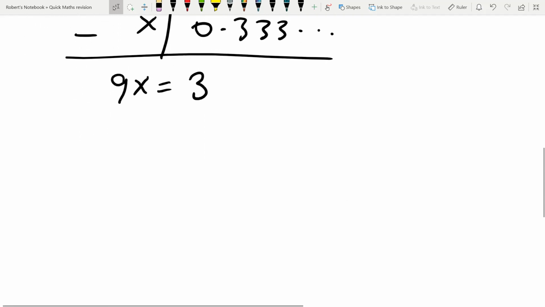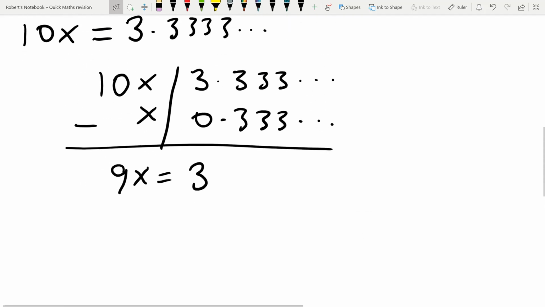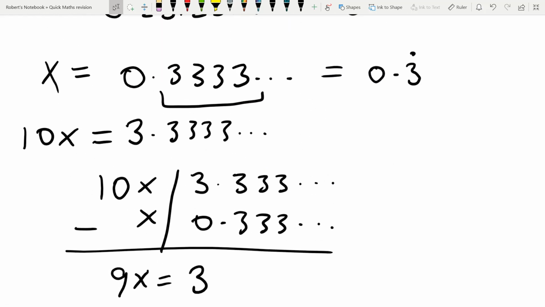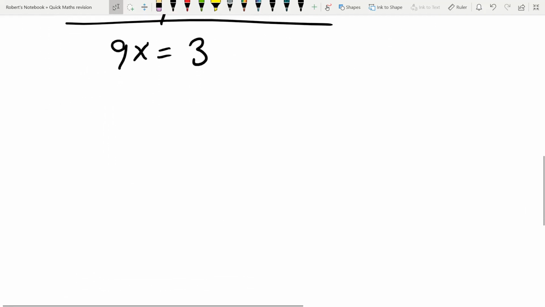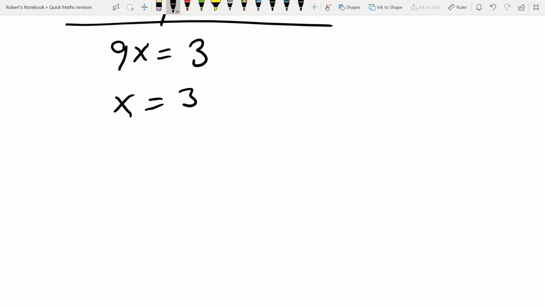And now it's just a simple case of rearranging for x, because as we've seen earlier, x is 0.3 recurring, so if we can get x as a fraction, then that's the same number. So x is 3 over 9, which, as they're both divisible by 3, is 1 over 3. So we now know that 1/3 is the same as 0.3 recurring.